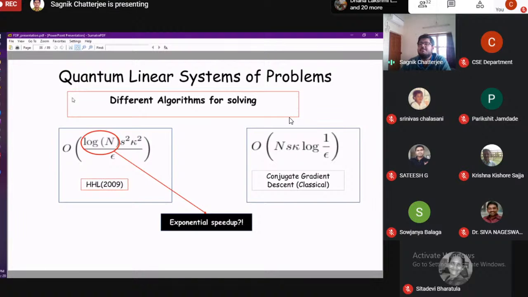However, the main problem with this algorithm is converting your classical input into the quantum input, because the HHL algorithm takes everything as a quantum input and gives you a quantum output. And the quantum output, when we measure it, collapses to one state. So in order to actually get the full picture, you have to measure it an exponential number of times. So it's not a very practical algorithm.